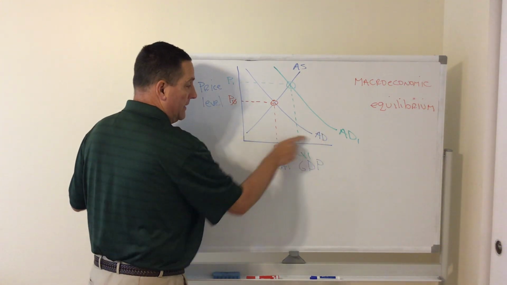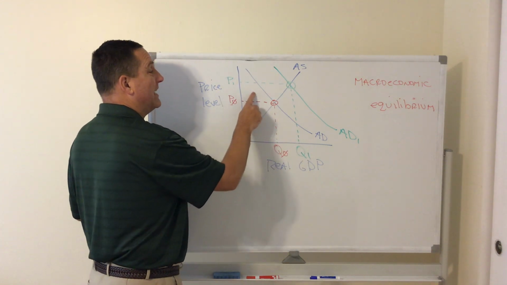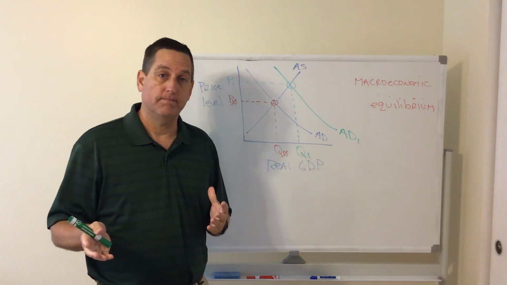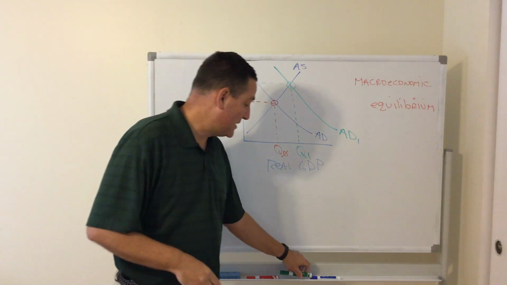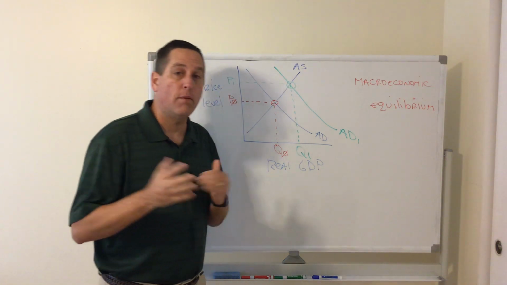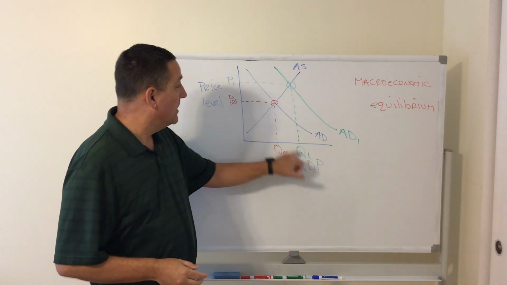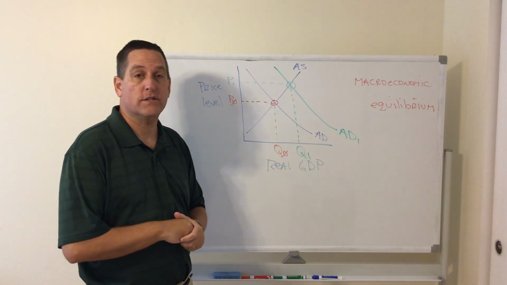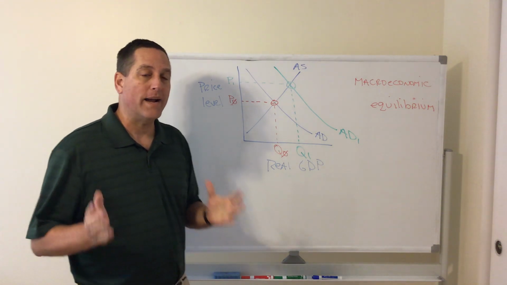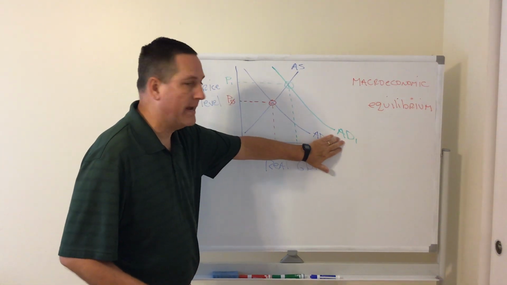And that's a good thing. They are trying to help the economy get better, but they also know that that could cause prices to go up. And therein lies that dilemma. That's going to be on the test. The dilemma that the government faces and all policymakers face is how do we make the economy grow without putting pressure on prices? All right. Macroeconomic equilibrium is where the aggregate supply and aggregate demand curves come together.